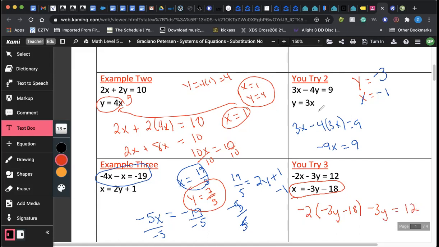Okay, so in a substitution problem, I always want to get one of the variables by themselves. So get a variable alone. In this case, it's given to you. Right, we already have x equals.